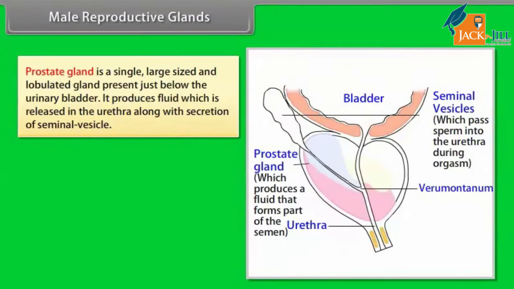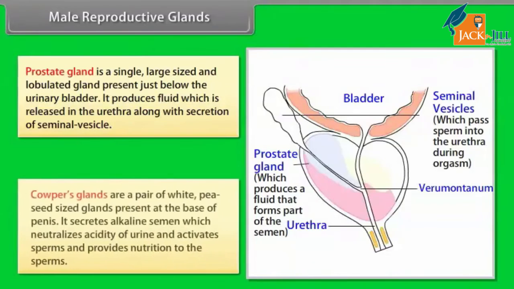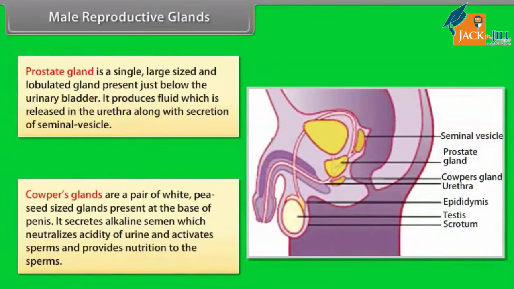It produces fluid which is released in the urethra along with secretion of seminal vesicle. Cowper's glands are a pair of white, pea-seed-sized glands present at the base of penis. They secrete alkaline semen, which neutralizes acidity of urine, activates sperms and provides nutrition to the sperms.